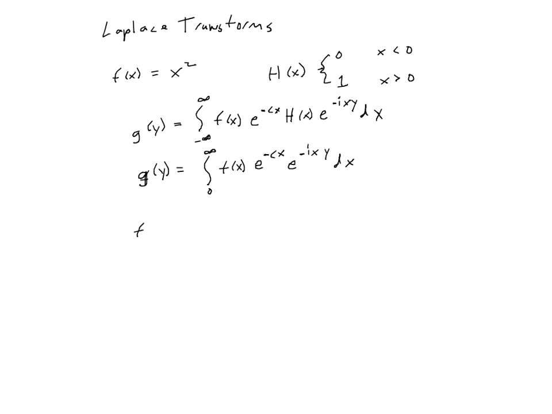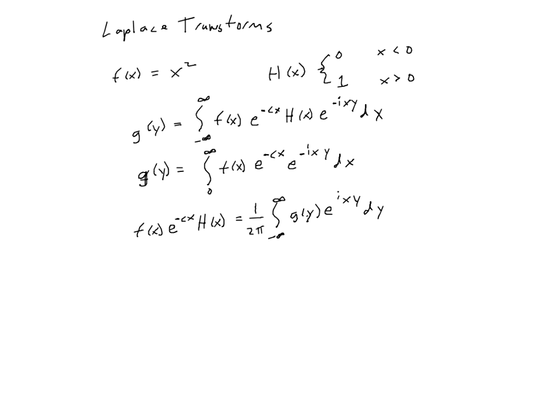And then the inverse transform is f of x e to the minus cx h of x, which is equal to 1 over 2 pi times the integral from minus infinity to infinity of g of y e to the i x y dy.